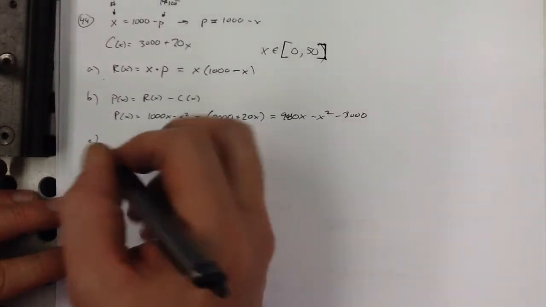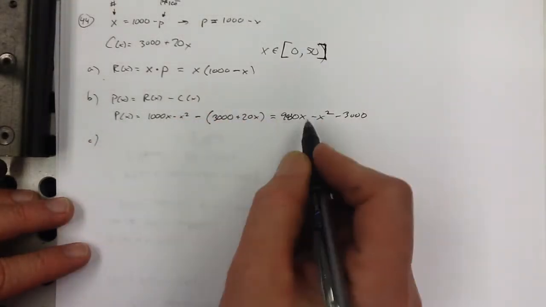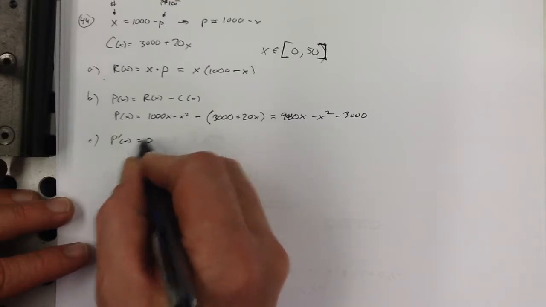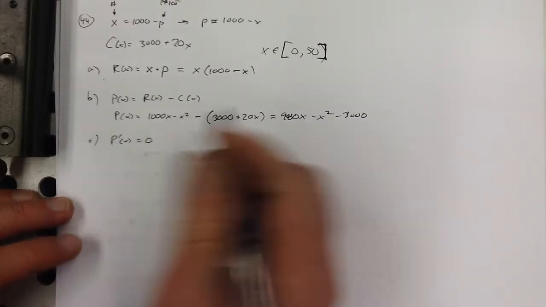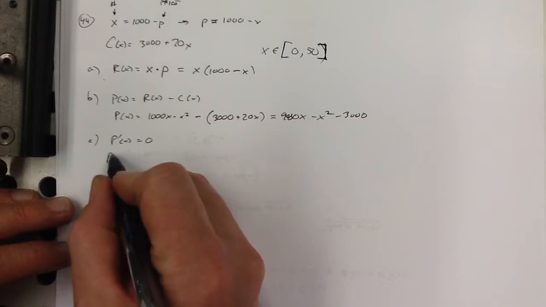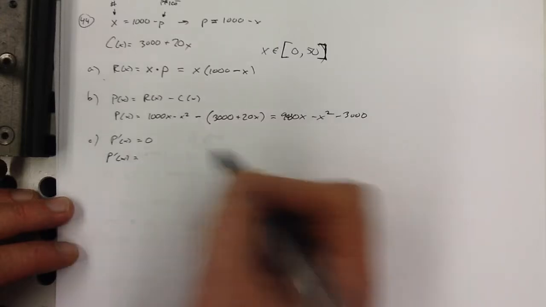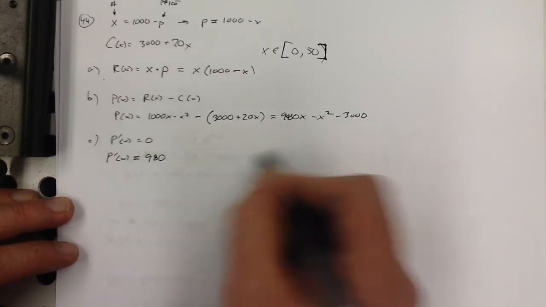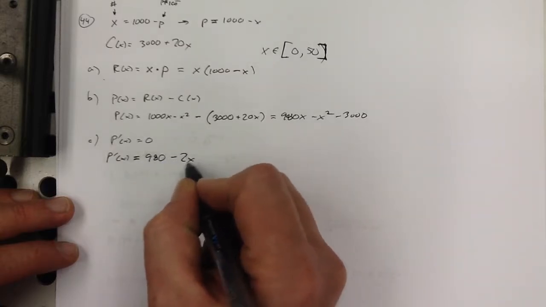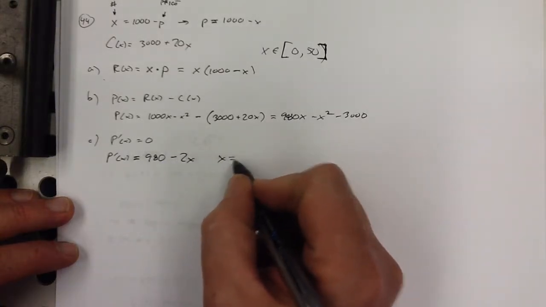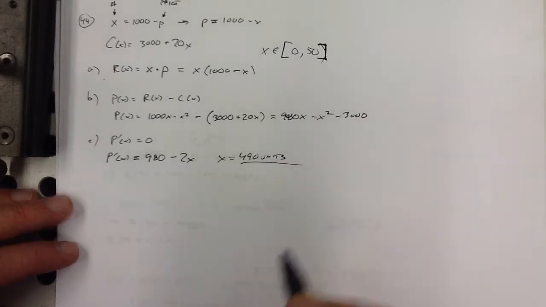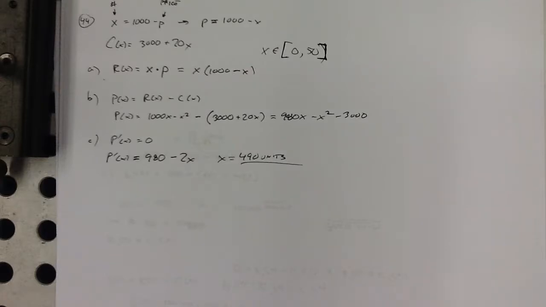Okay, so we want the derivative of this to be 0. Right? If you want to maximize something, you take the derivative of it and set it equal to 0. So the derivative of the profit function is 980 minus 2x. So x is equal to 490 units. Is that a maximum?